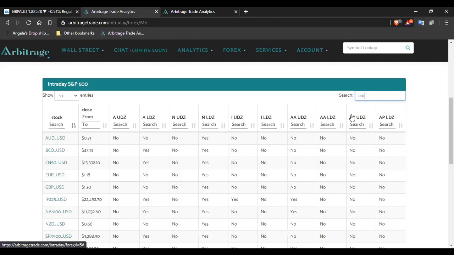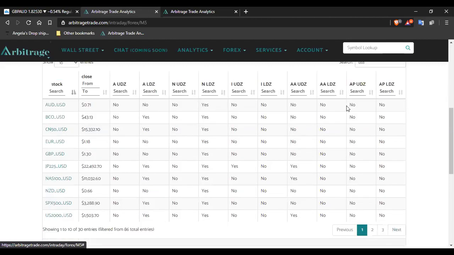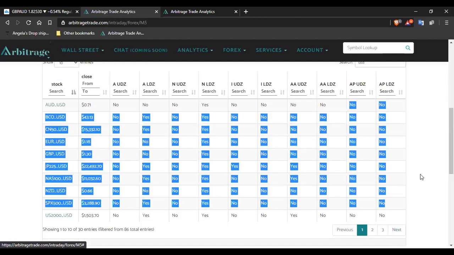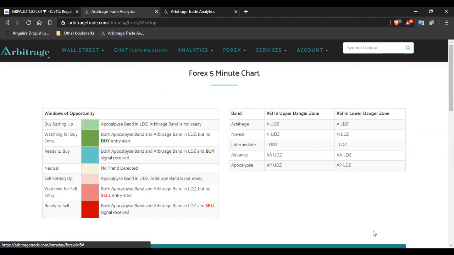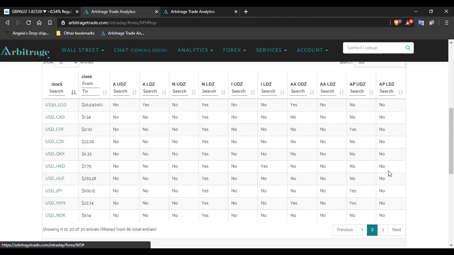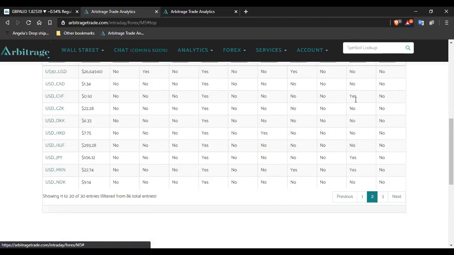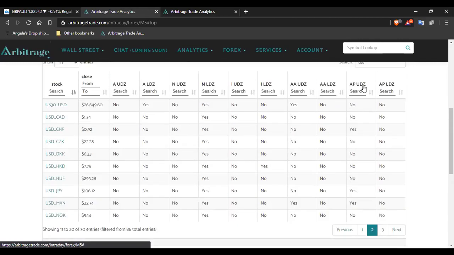All right, so we're looking over here at the Apocalypse upper danger zone and lower danger zone. So for AUDUSD, we have no, well, for a lot of USD pairs, everything is no, basically. No, no, no, no, no. Go to the next page. US30, no, no. So USDCHF, we do have upper danger zone.